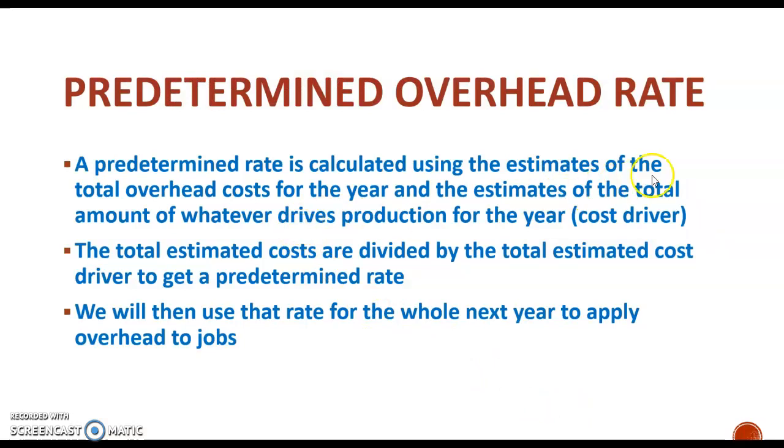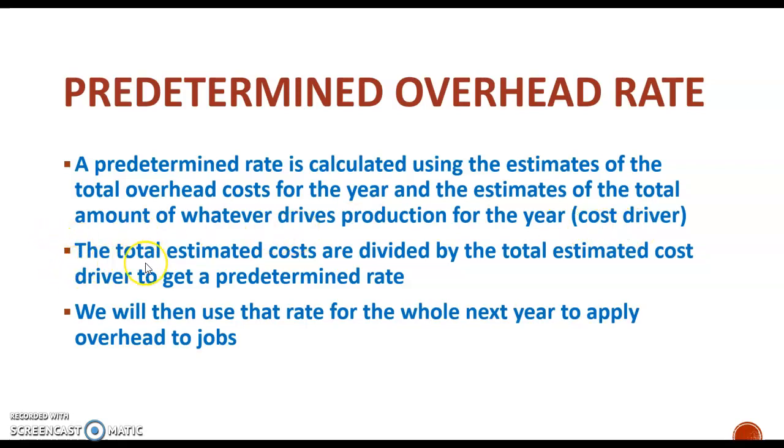Now, this predetermined overhead rate is calculated using the estimates of the total overhead costs for next year. Usually we'll do it in the fall for the following year. And we're going to estimate the total amount of whatever drives production, the cost driver, whether that's direct labor hours, machine hours, whatever.